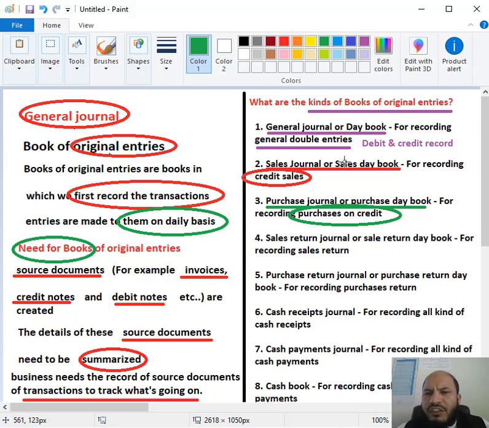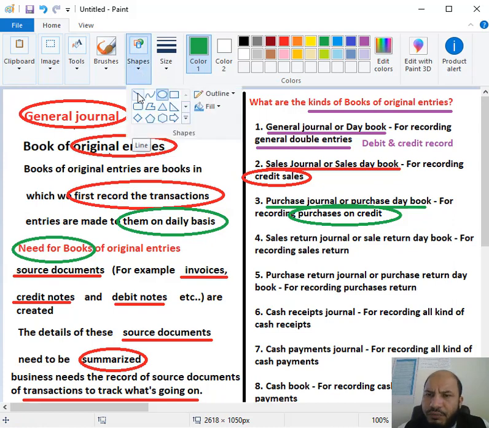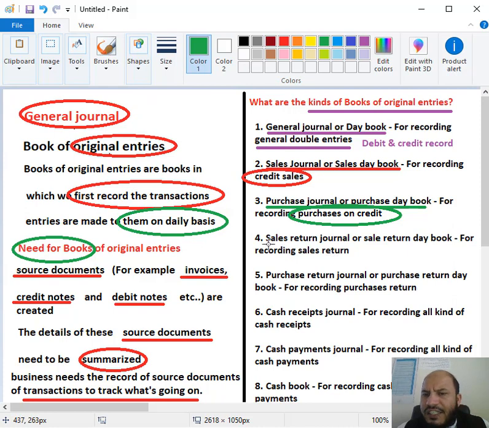So dear students, the fourth type of original entry book is the sales return journal, or we may say the sales return day book. As I mentioned, it's also called the day book.